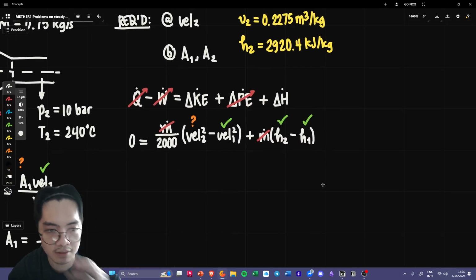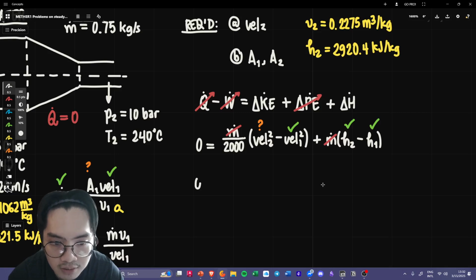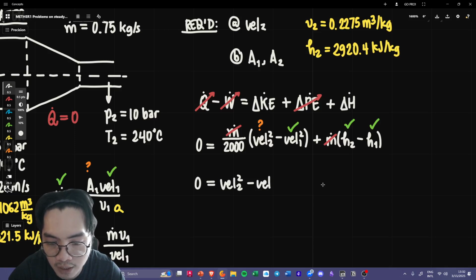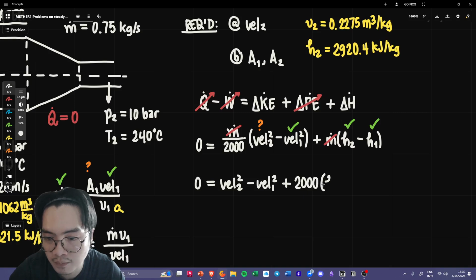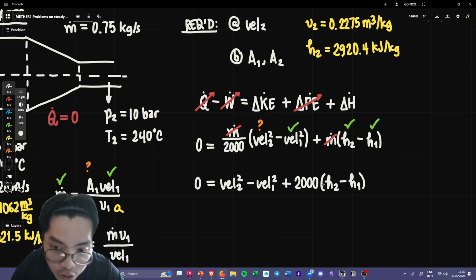Let's just have that later, right? What we're going to have is that if you multiply everything by 2,000, you're going to get 0 is equal to VEL2 squared minus VEL1 squared plus 2000 times H2 minus H1. This is to highlight that they are very important. A small change in enthalpy is already a lot, right?